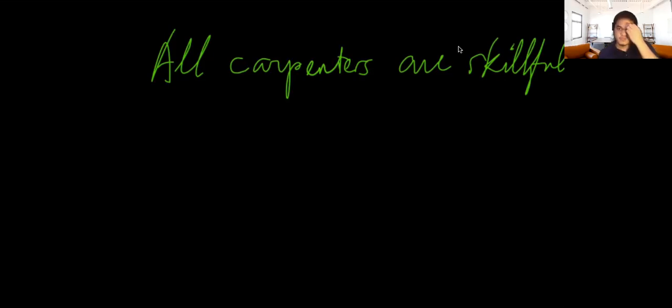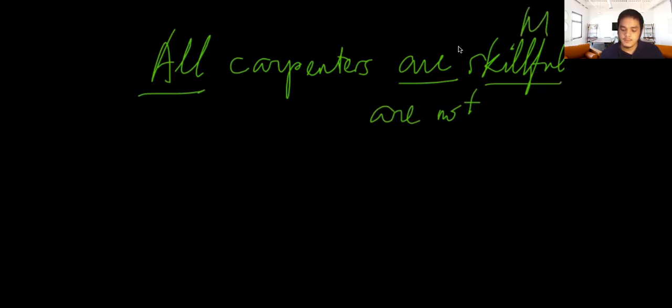So we started with all. Take note, the major premise must be universal. And since we have are, this becomes are not. And then since this is our middle term, skillful. So blank are not skillful.